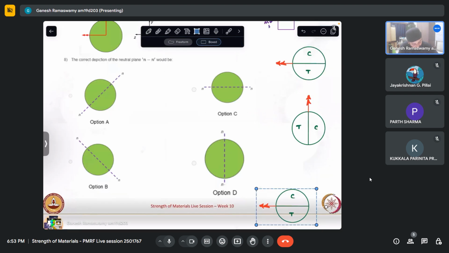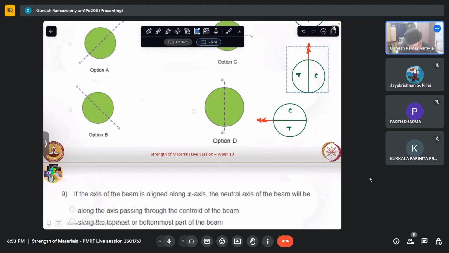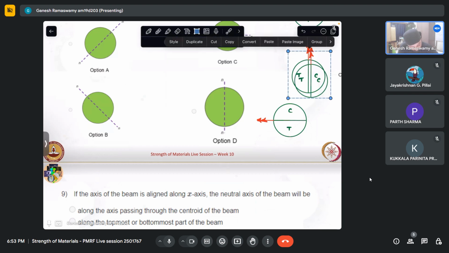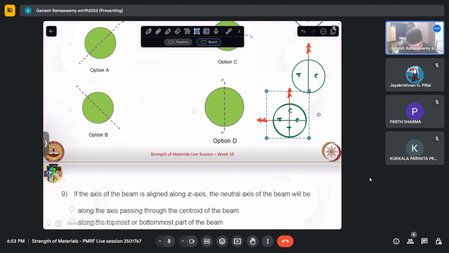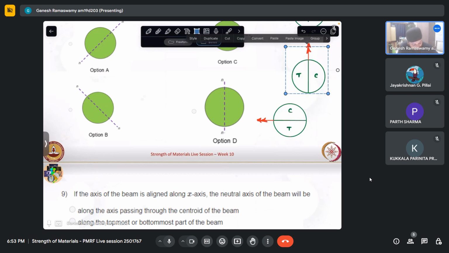If I take this here and then I superimpose this with that, granted it is not coming very clearly, so what we can do, I'll highlight the tension portion with this color and compression with blue.